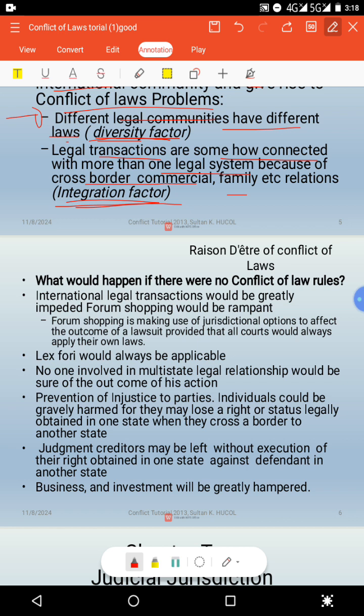As there is now globalization, it has advantages and disadvantages. It creates conflict of laws problems, but it facilitates commercial activities and the development of a country.